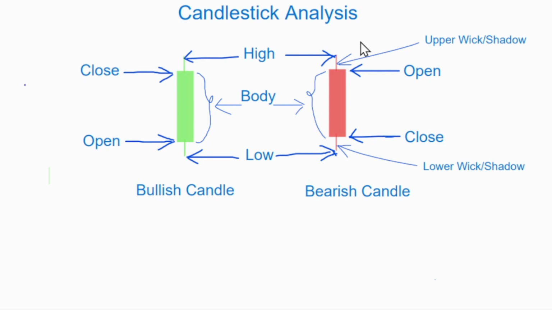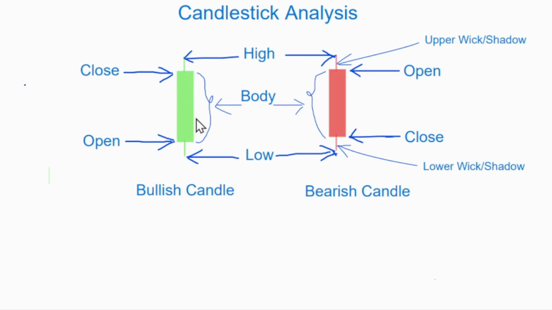Next we are discussing candlestick analysis, or candlestick behavior. On most charts we see green color candles and red color candles. What do they indicate? The green color we call a bullish candle, and the red color we call a bearish candle.